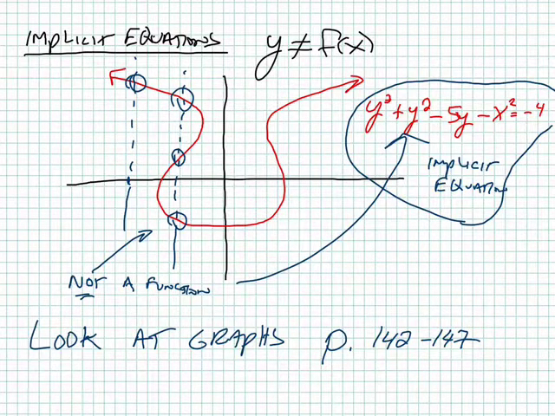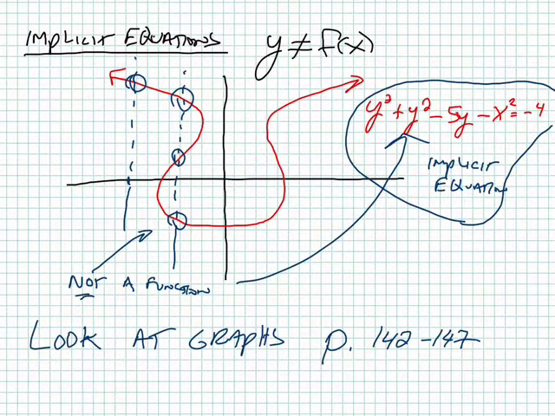So if I look at page 146, and I look at number 29, the Witch of Agnesi, and actually this reminded me in class, there's a really interesting story behind the name of this particular graph. But for number 29, the Witch of Agnesi, this is actually a function, because as you can see, if you make vertical lines, there's only one y value for a given x, so that's a function.